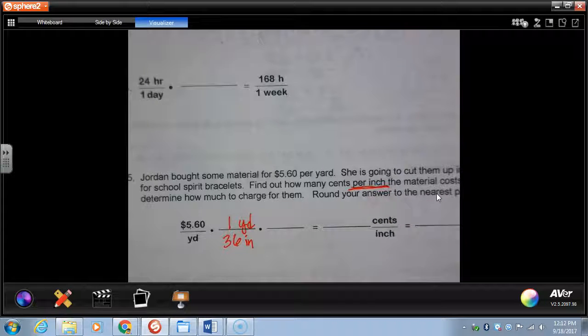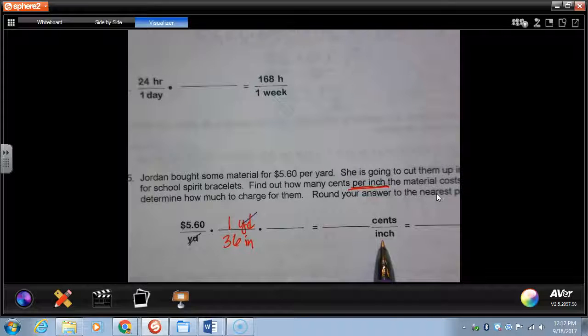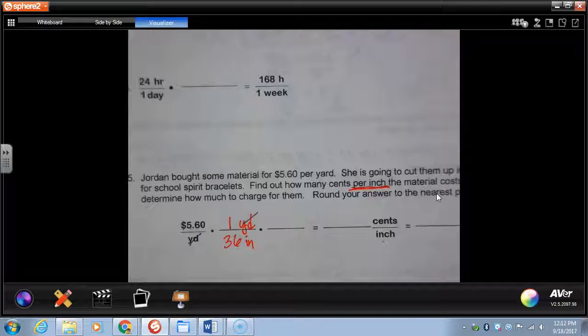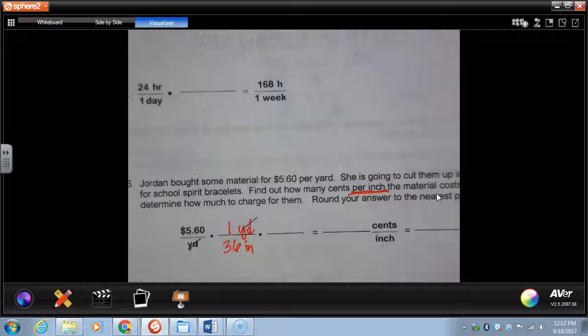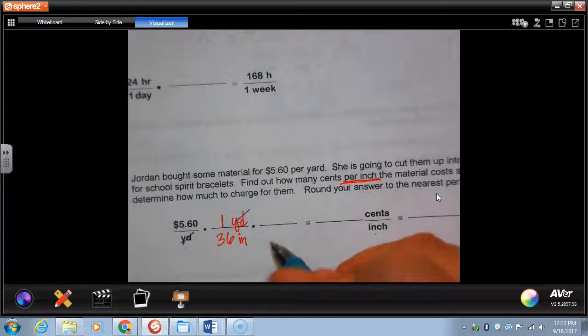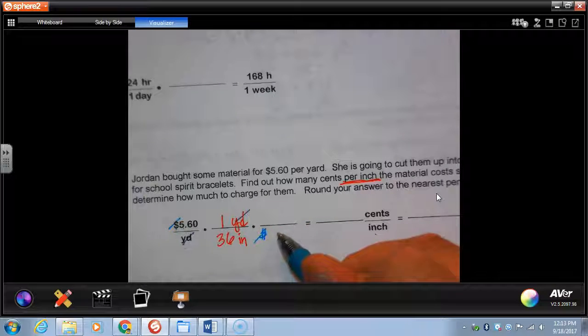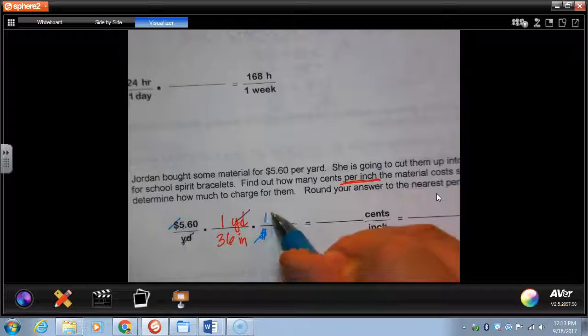So my yards cancel. And I'm in inches. That's a good thing. And also from my chart, I can get 100 cents per dollar. So I'm going to get rid of my dollars. I'm going to put that in the bottom so that these cancel. That was $1 per 100 cents.